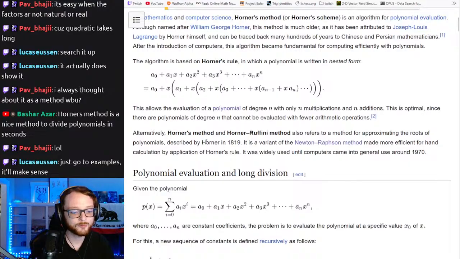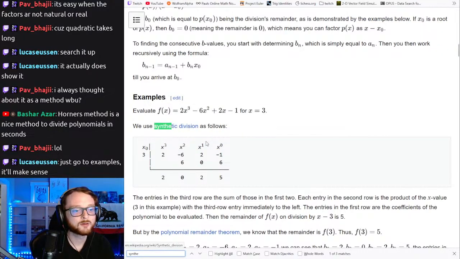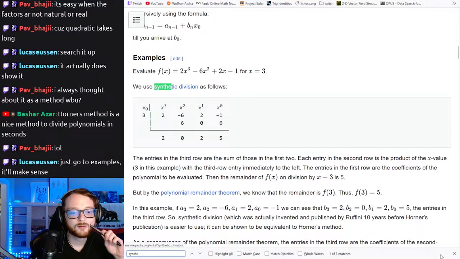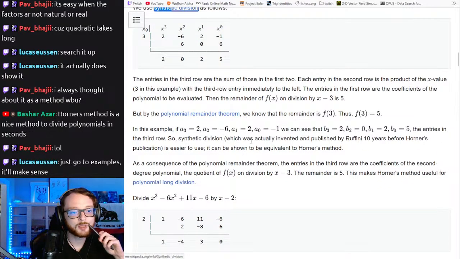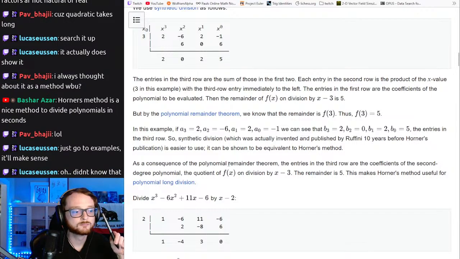Do they not use the words synthetic? Oh, okay, yeah. Oh wait, Horner's method involves synthetic, but it's not just synthetic, maybe. It can be shown to be equivalent to Horner's method.